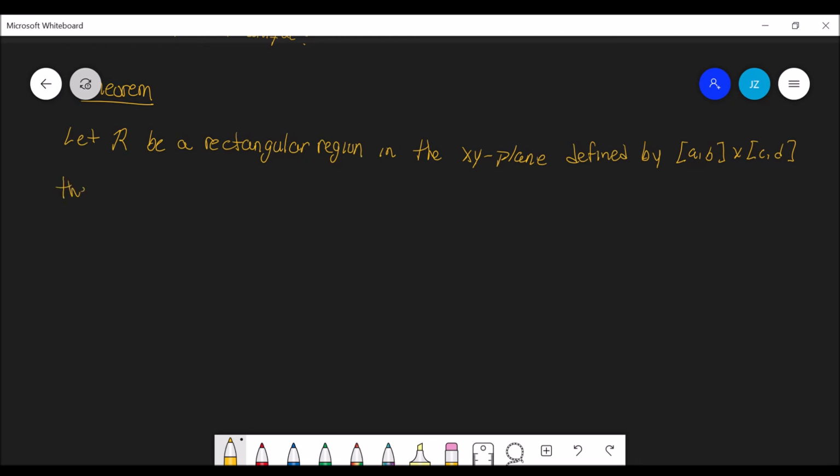And this region is going to contain the point x naught, y naught.